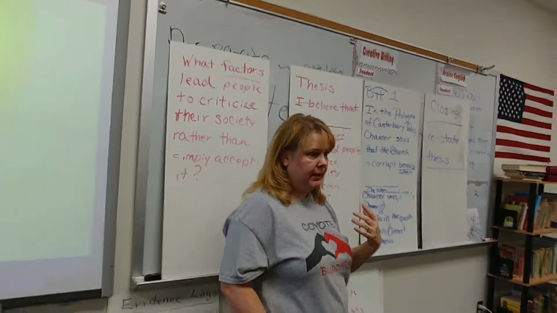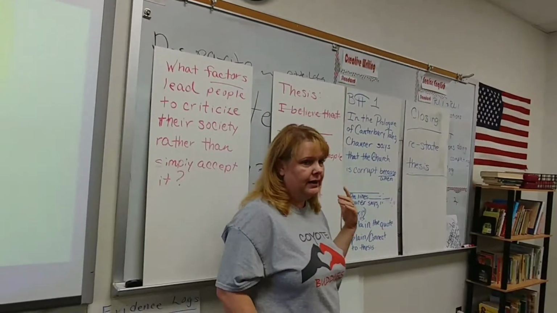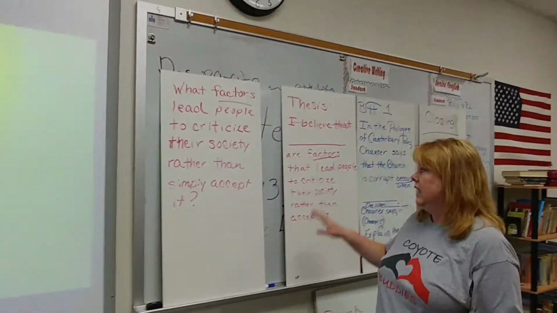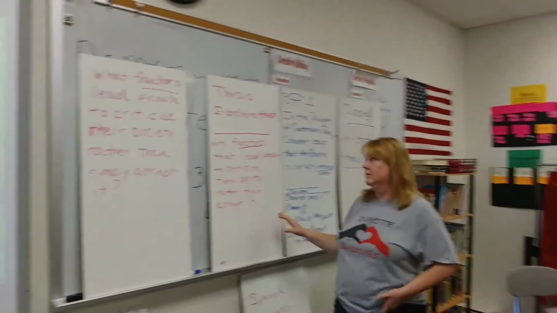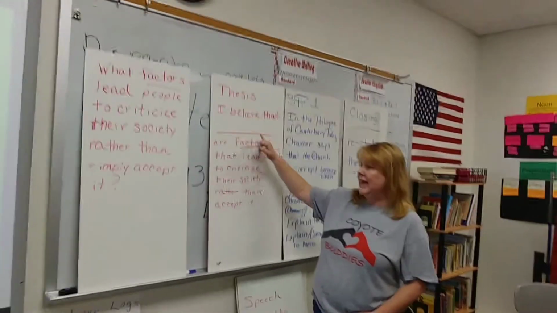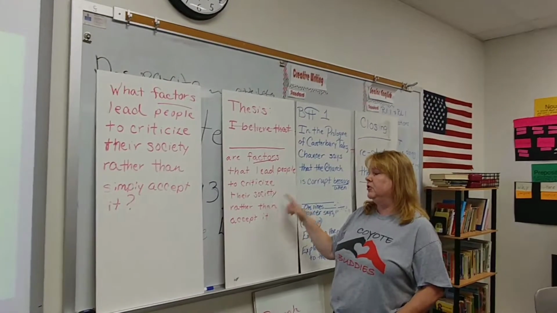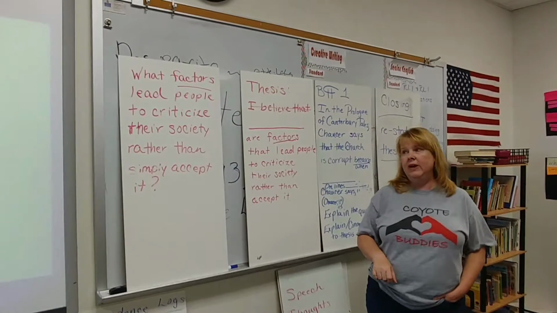I take the question, and I think about how I'm going to respond to that, all right? So, for instance, I reply using the question as part of the answer. So, I'm going to say something like, I believe that blank are factors that lead people to criticize a society rather than accept it, okay?